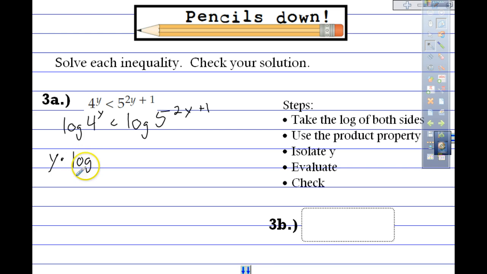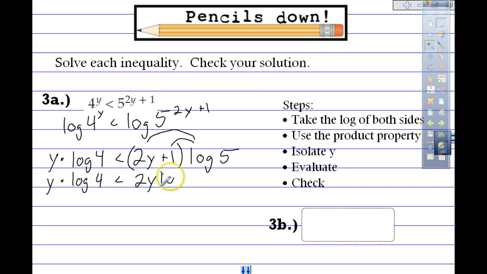Y times log of 4 less than 2y plus 1 in parentheses times log of 5. Like we did on the last problem, I'm going to need to distribute. So the left side stays the same. So we have 2y log of 5 plus 1 times log of 5, which is just log of 5.